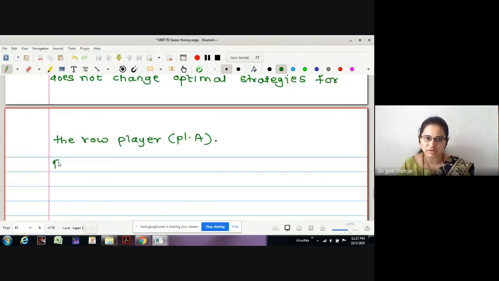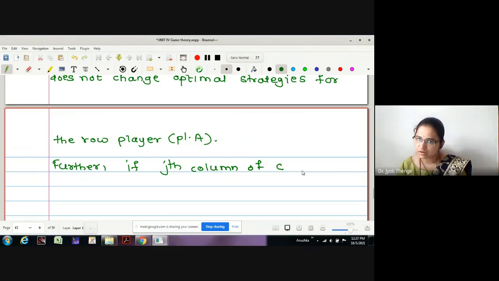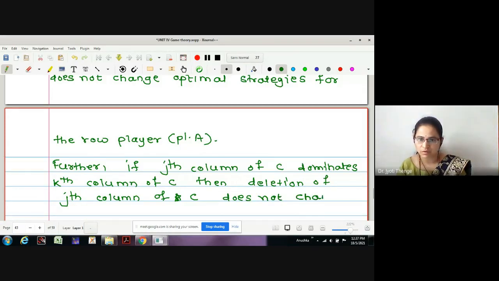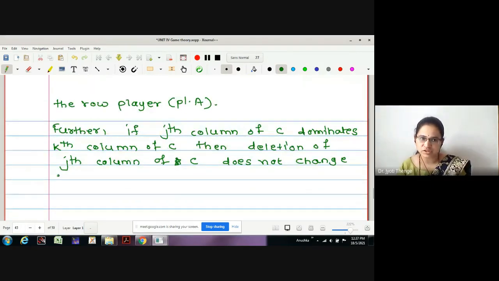Similarly, if the jth column of C dominates the kth column of C, then deletion of the jth column of C does not change the optimal strategies for the column player.